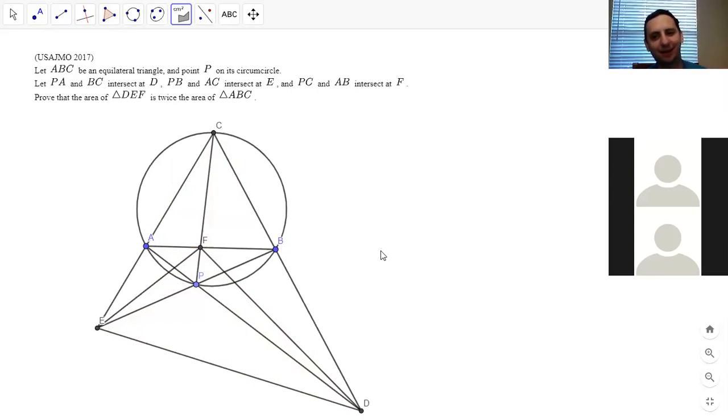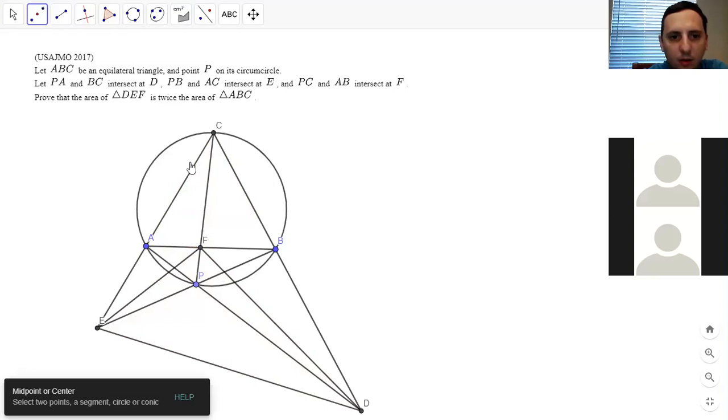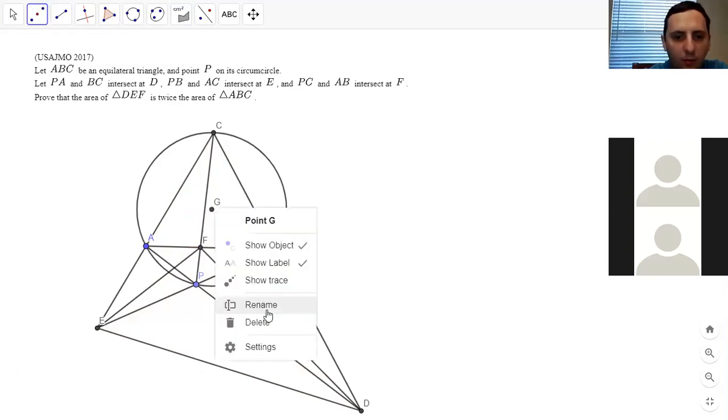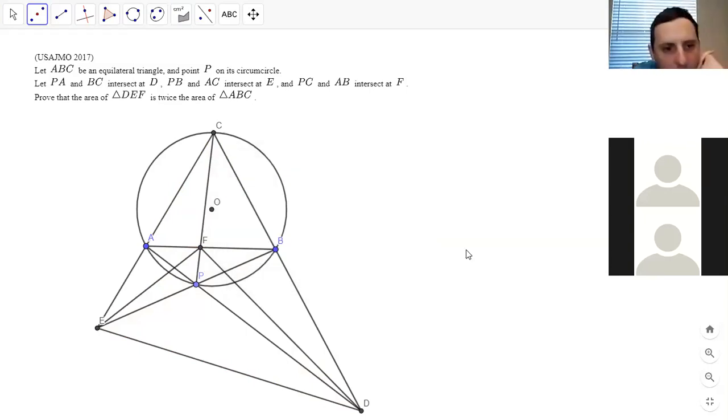So I'll draw the center of ABC. Call it O. So F is the orthocenter of OED by Bricard's theorem, because ED is the polar of F, so OF is perpendicular to ED.